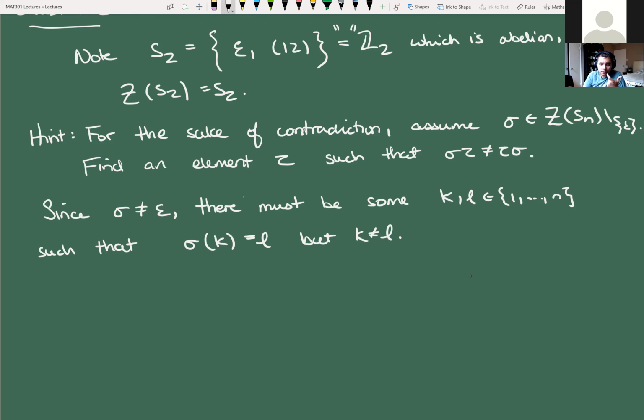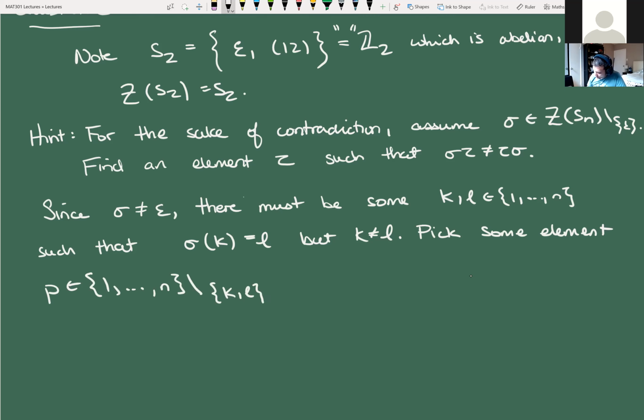Okay. And so now here's what I want to do in my head. Let me show you. Pick some element P that is not K or L. And why can I do this? This is critical.